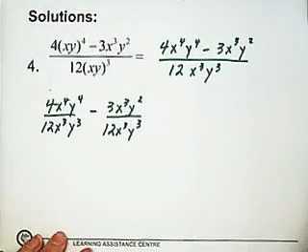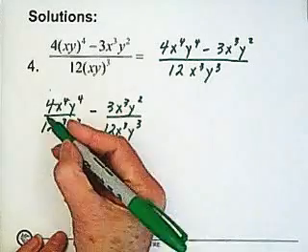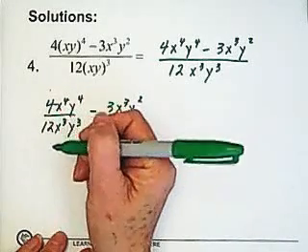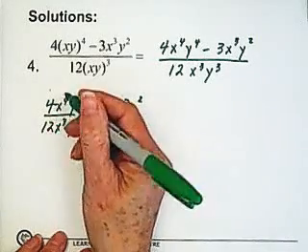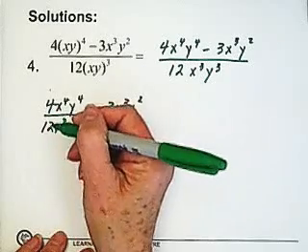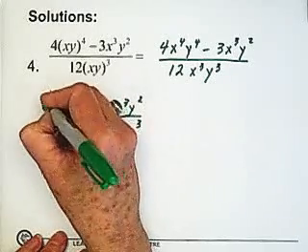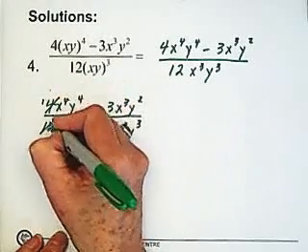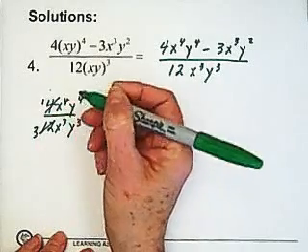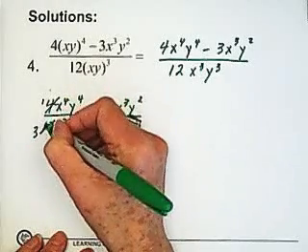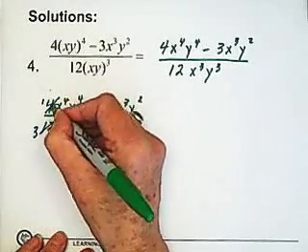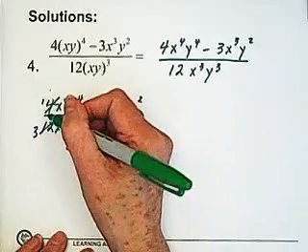And again, we just cancel what we can cancel. Here we're dividing top and bottom by 4 because they're both divisible by 4. So 4 divided by 4 is 1. 12 divided by 4 is 3. And it's always important to just stop and take that slow step, divide each one by 4 to see what you're going to get.